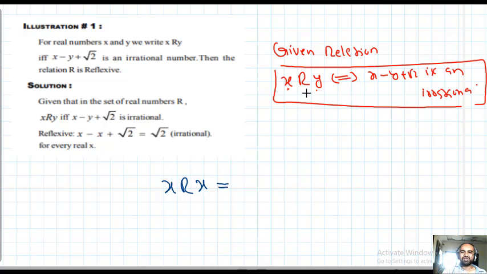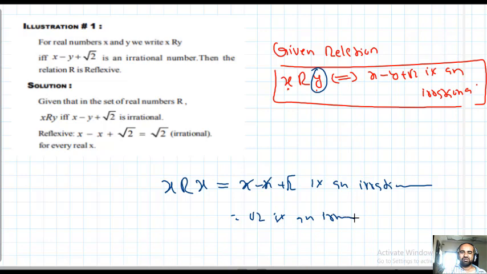Instead of y, I can write x here: x minus x plus root 2 is an irrational. So x gets cancelled. Root 2 is irrational. True or false? True. Root 2 is irrational. That means the x related to x condition is satisfied. That's why the given relation is reflexive.